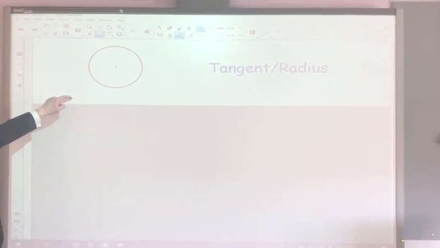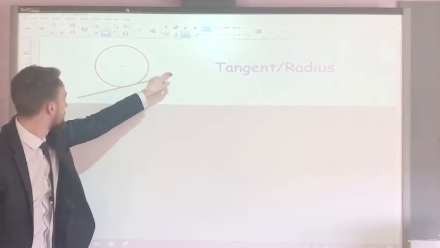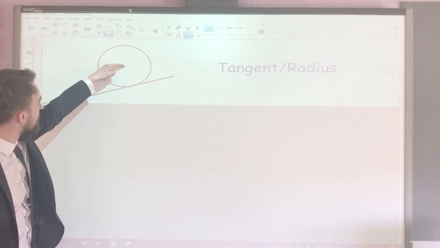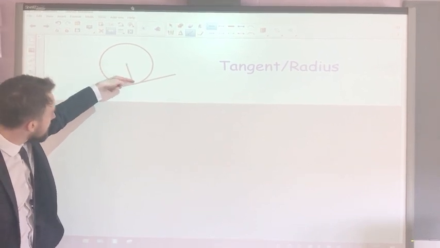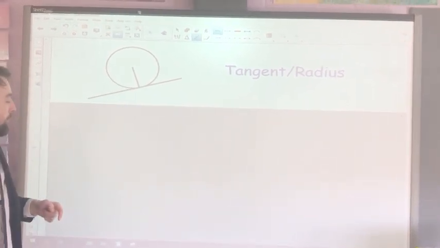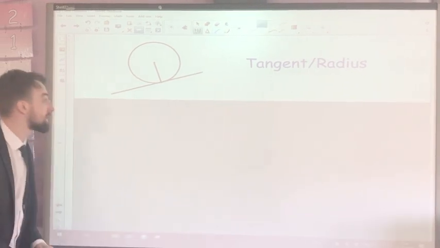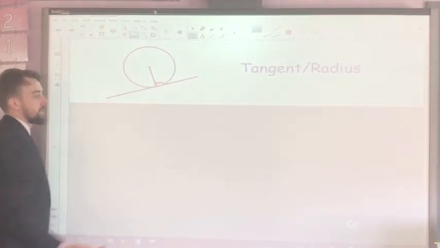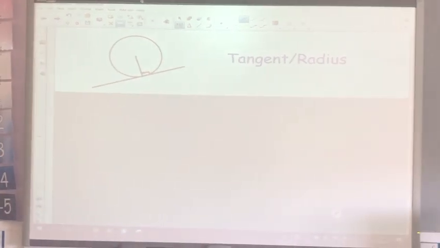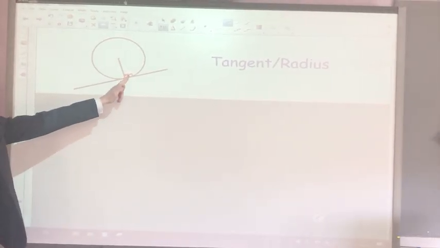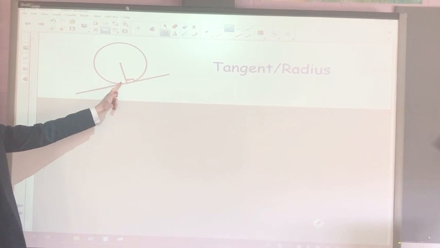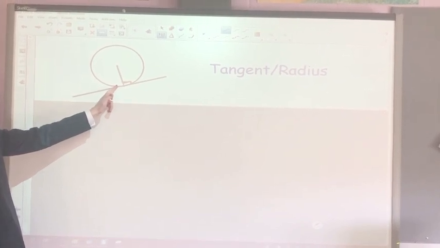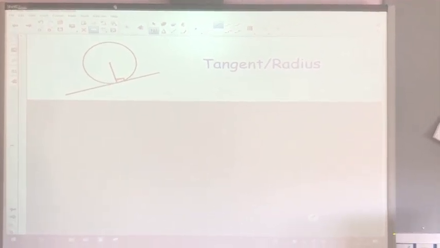Just going to take a tangent and a radius from the centre. And what we need to know is that where these two meet, this makes a right angle. That's it. Now that's a right angle, so is that one there, because 2 90s make 180 degrees.